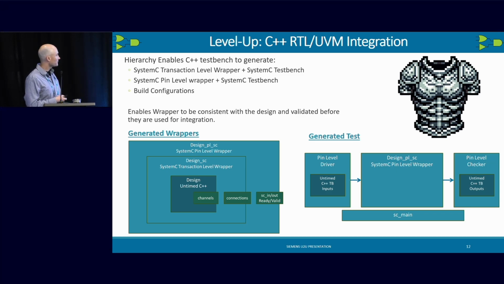Yeah, and this effectively allows the designers to stay in the untimed C realm, which is super key, and avoid having to go into SystemC. Right? We're still using SystemC. We're just getting it automated.